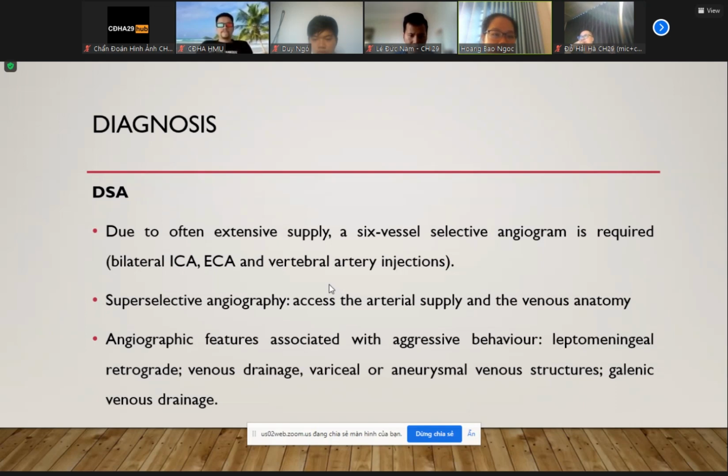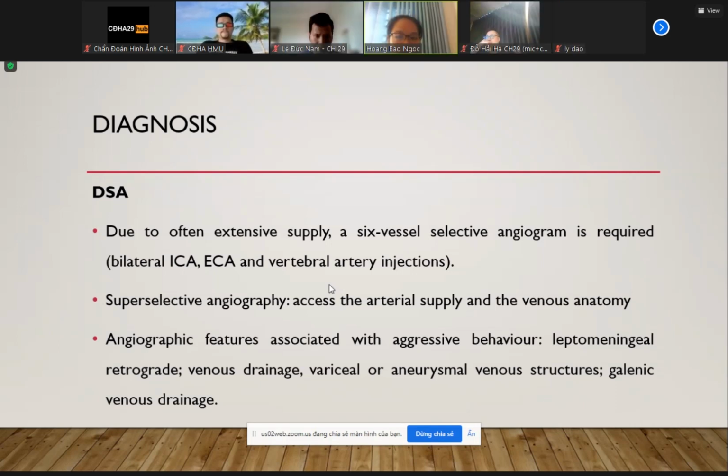Next, a super selective angiography should be applied to assess the arterial supply and venous anatomy. Angiographic features associated with aggressive behavior are leptomeningeal retrograde venous drainage, variceal or aneurysmal venous structures, and galenic venous drainage.